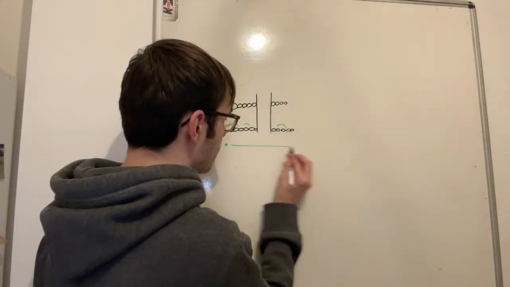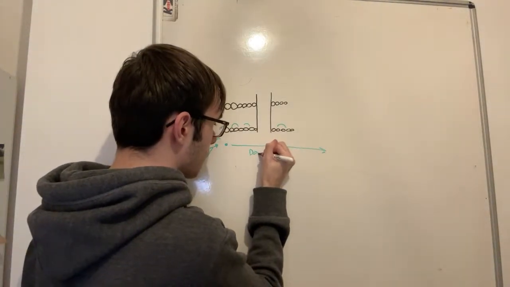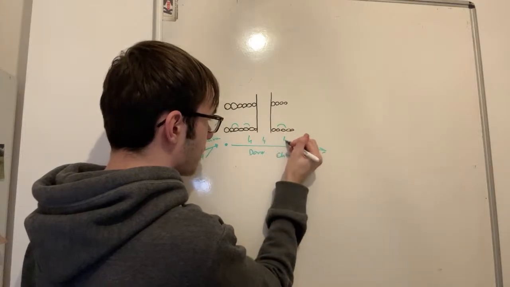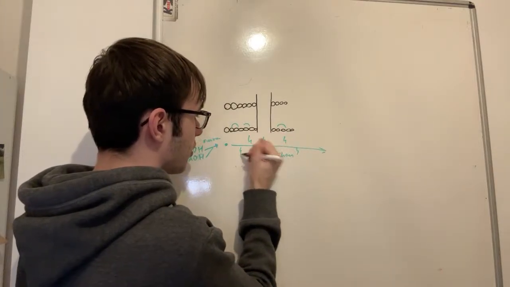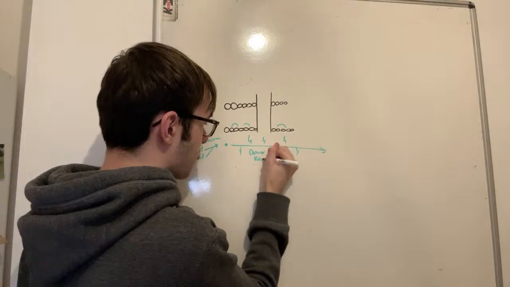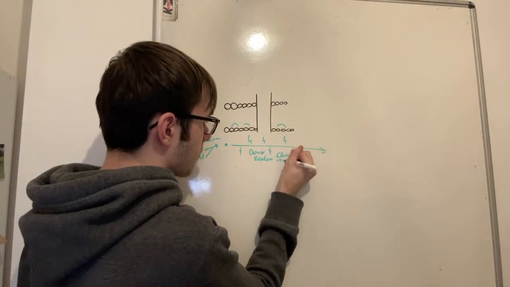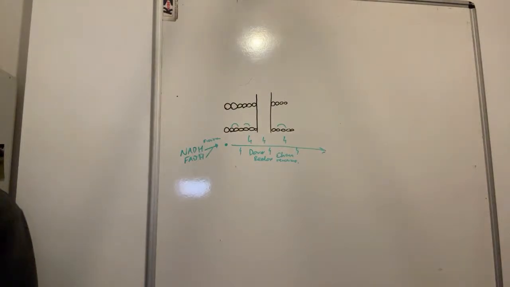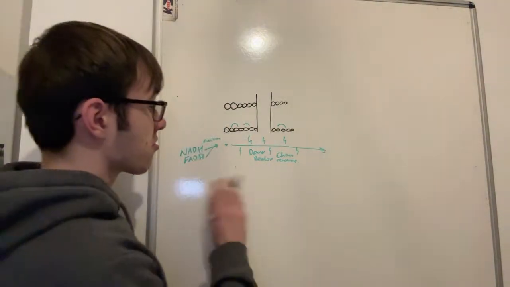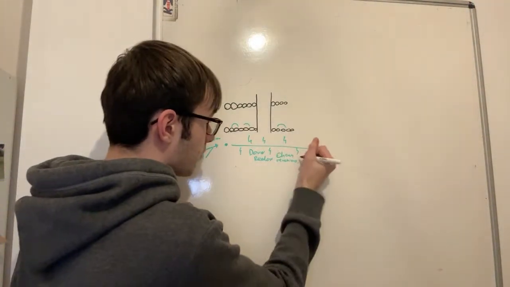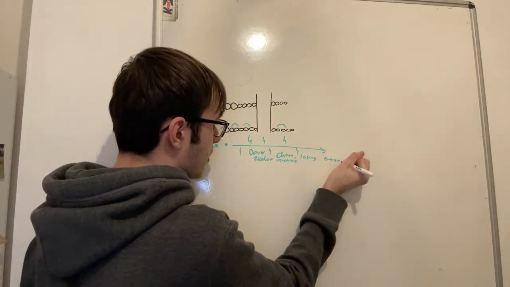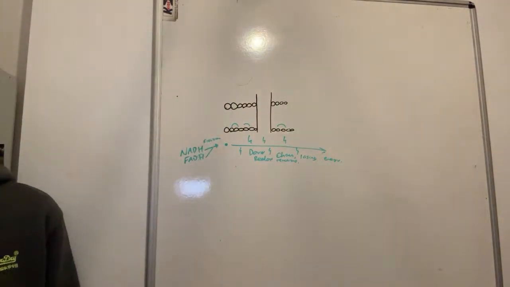It's going to move down the chain. And this is going to give off energy because it's going to undergo a series of redox reactions. That's easy enough. It loses energy, so it releases this energy, because it's undergoing a series of redox reactions.